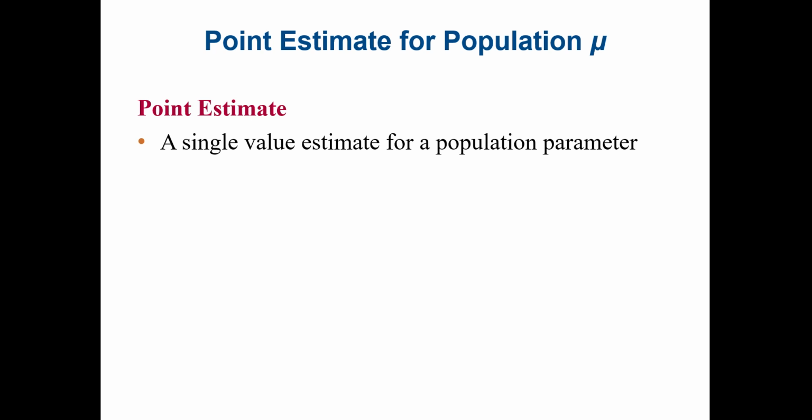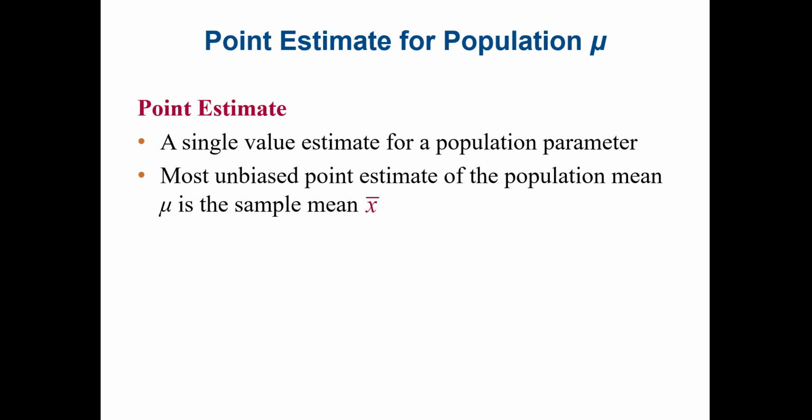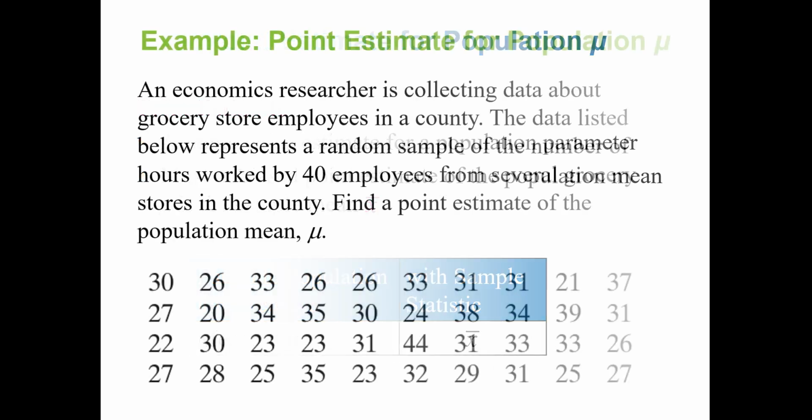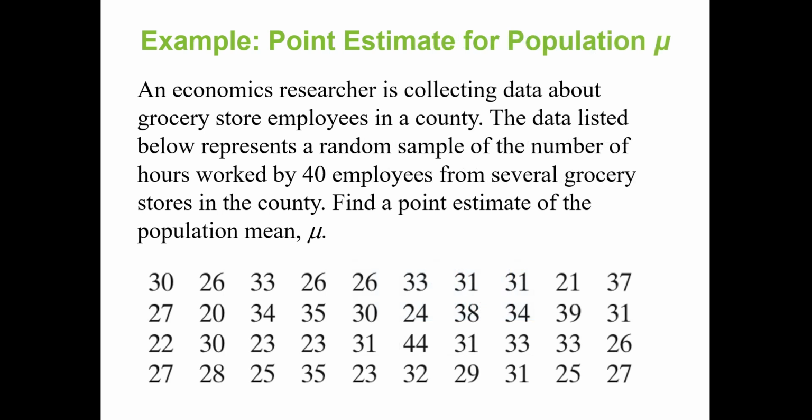In this case, we will be focusing on the mean. The most unbiased point estimate of the population mean is simply the sample mean. And this is an example. In this example of 40 employees, the question says, find a point estimate for the population mean mu.